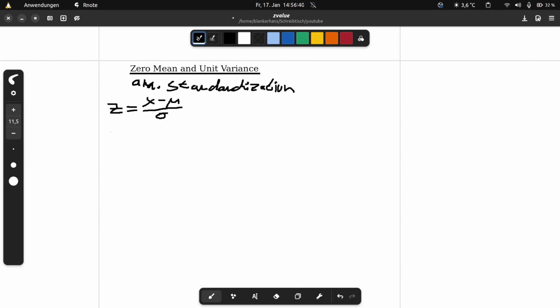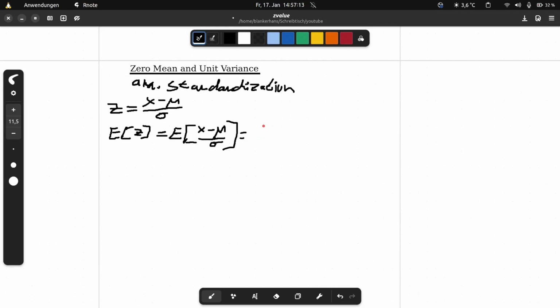Let's start with the expectation of z. So what is z? Z is simply what we have defined before, x minus mu divided by sigma. And now we use the linearity rule of the expectation.